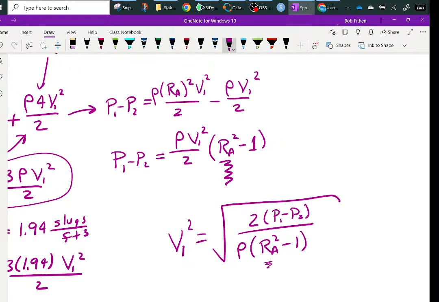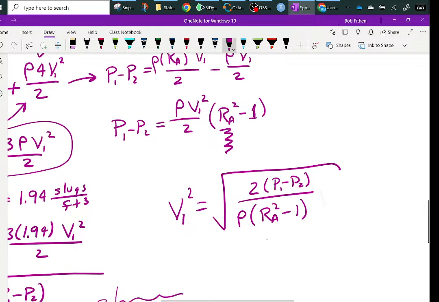So again, if you put in 1 there, this is not going to be good because you're going to show V1 is infinite. But you're going to find the pressures are going to be equal, or you should. And if that's the case, then you're stuck because you just have a 0 over 0.